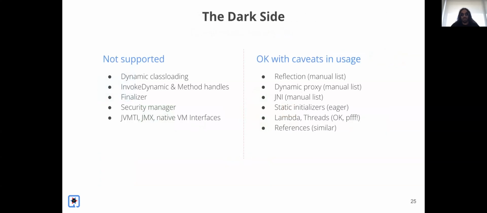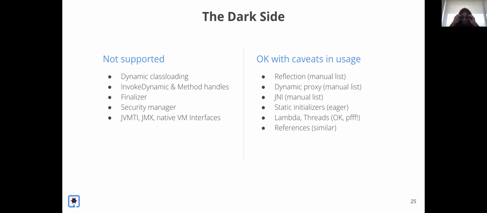So for this, there are of course things that are not supported when you're building to native, right? Things like dynamic class loading, which is probably the most problematic. That's why we try to remove a lot of these things from Quarkus, and that's what we do in extensions, right? We try to work around the libraries to handle this for you. But there are other things that, even if they are supported, have a few limitations.